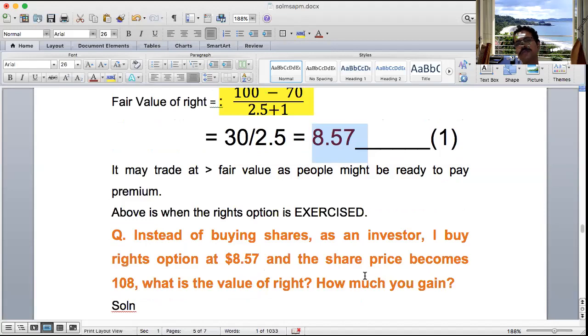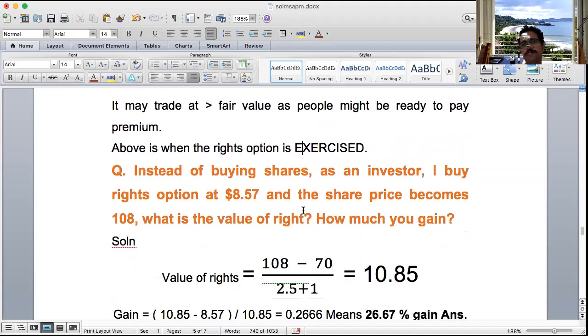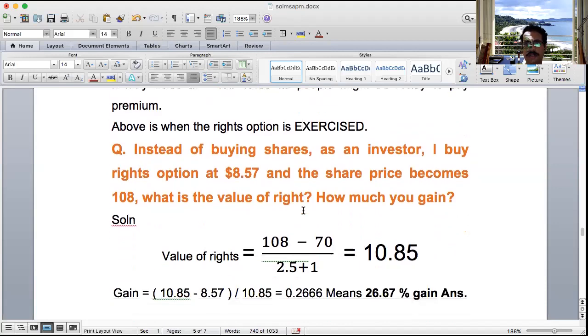Now this fair value is what we have calculated. In the market, people might be willing to pay a premium for that. So this might be trading in the market at say 9 rupees, 10 rupees, something like that. Now let us see, as an investor, instead of buying the stock at 100, I buy the rights at 8.57, and now the share price becomes from 100 to 108.